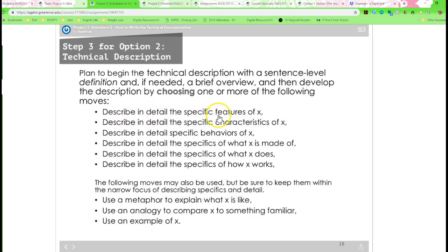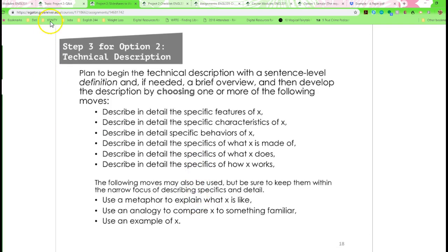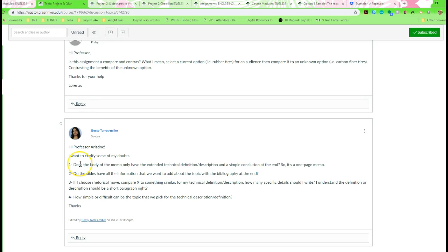You describe in detail the specific features of X. You extend it out even more, and so sometimes it goes over one page when you extend it out even more, and that depends on audience need, that context. So if the audience needs a longer definition to fulfill that need in that context, that is fine. You can definitely go over a page. You need to make it as long as it needs to be so that the audience need and purpose is fulfilled. That's absolutely fine.